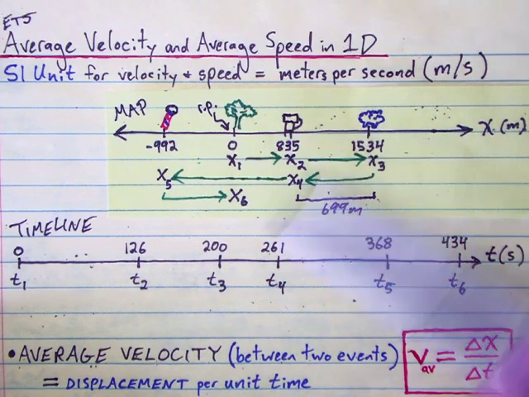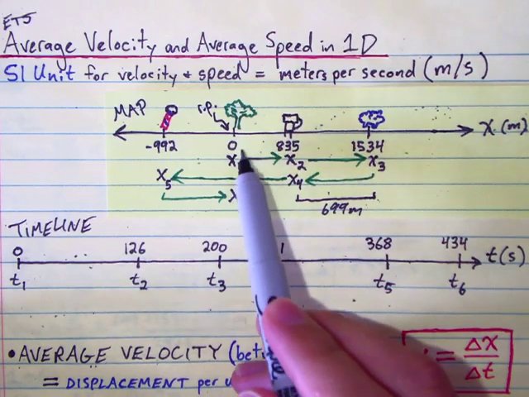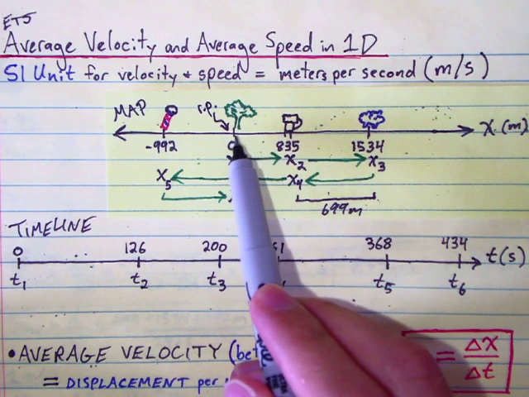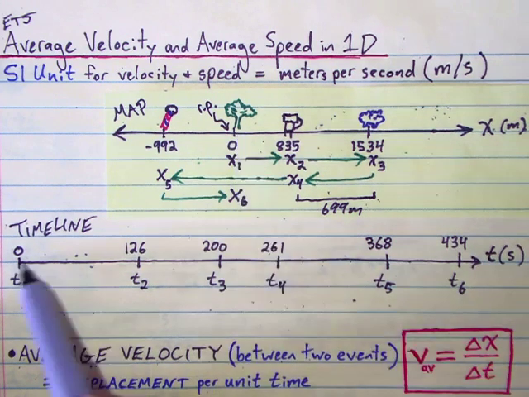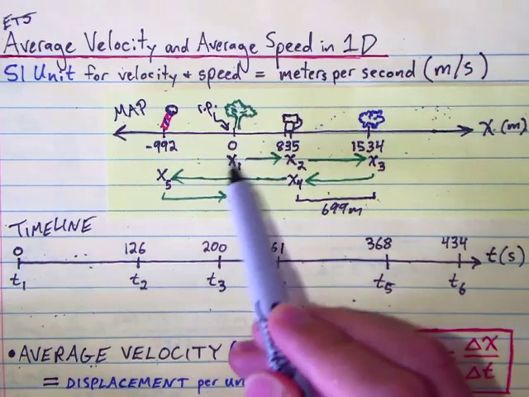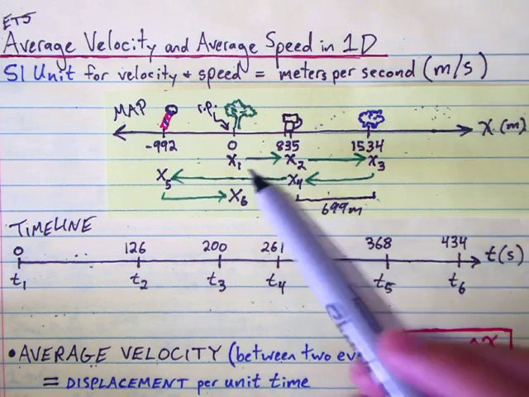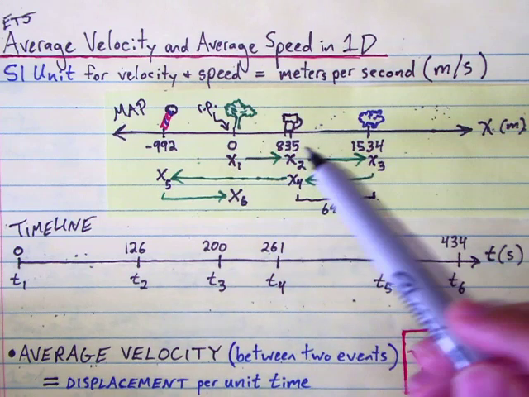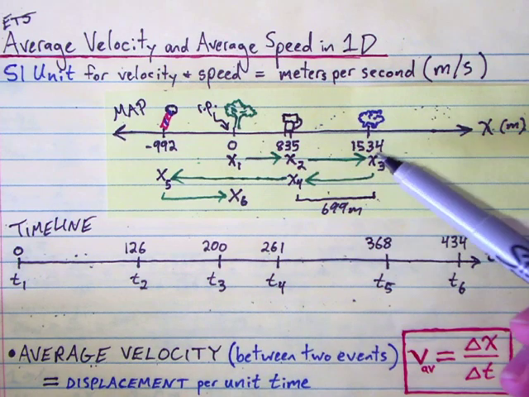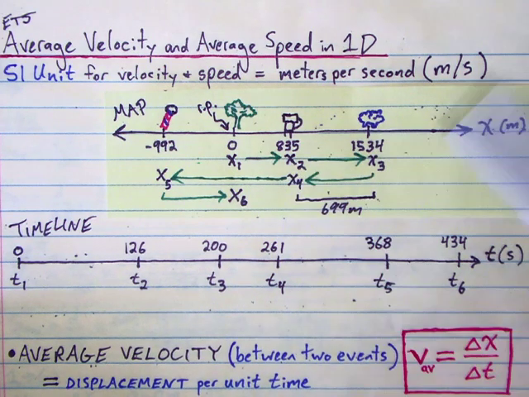Let's add to this map a timeline showing that at event 1, when he left his treehouse, he started his clock, and let that be his reference point of 0. So time is 0 at event 1. We're going to pretend, to make this easy, that Chewy didn't spend any time hanging around at the gas station or at the petting zoo, that instead he left the moment he arrived.